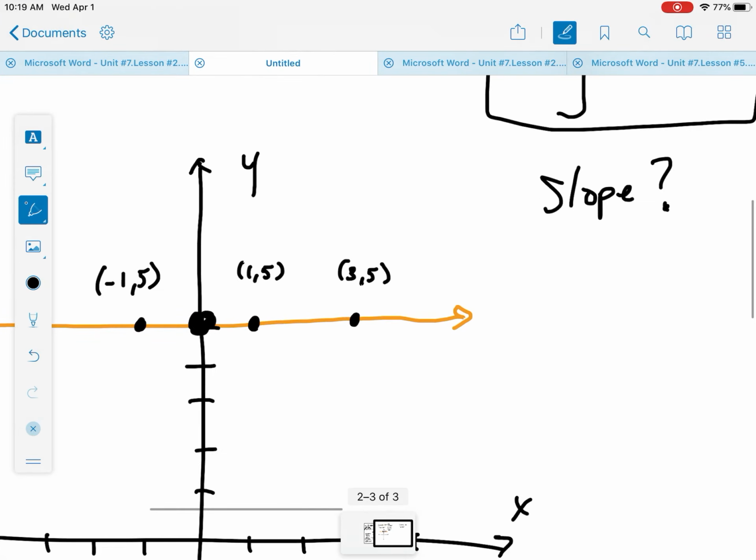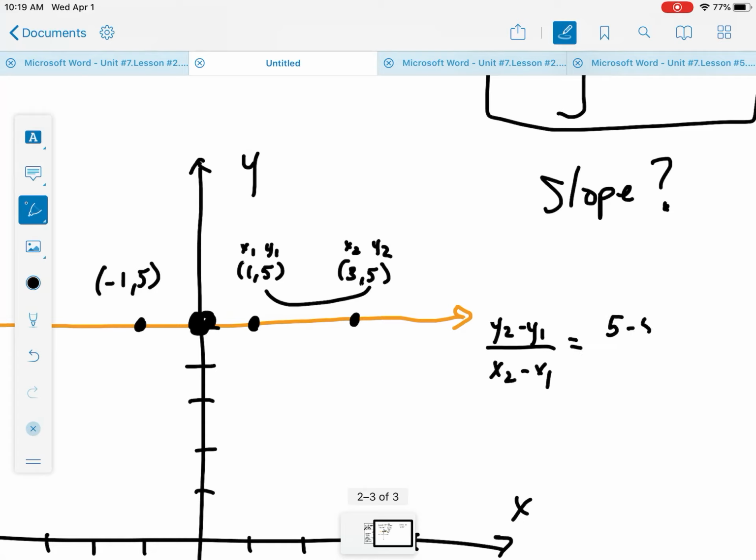I'll take 2 points, x1, y1, x2, y2, and I'll subtract my y values. And I have 5 minus 5, over my x values, 3 minus 1. Well, 5 minus 5 is 0. 3 minus 1 is 2. 0 over 2 is equal to 0.